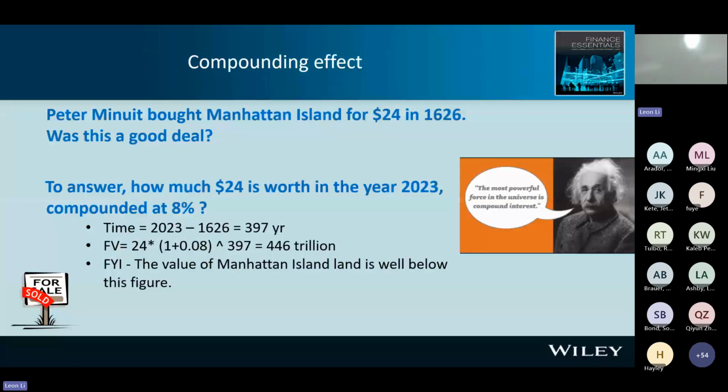So we have one more question, then we can end today's lecture. Compounding effect. Peter bought Manhattan Island for $24 in 1626. Was that a good deal? Normal people might think $24 to buy an island is a good deal, the price is very low.